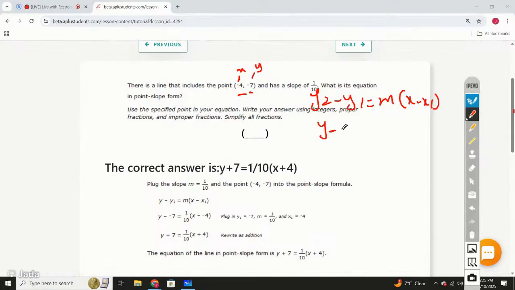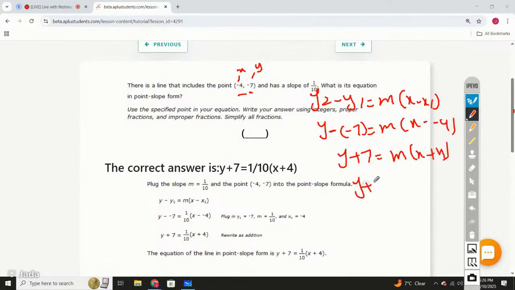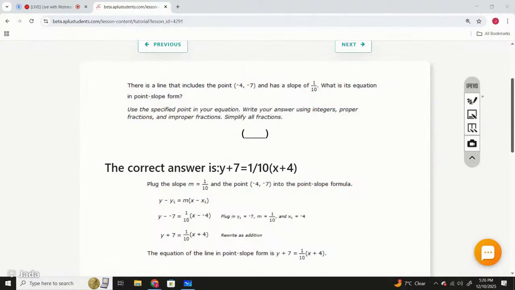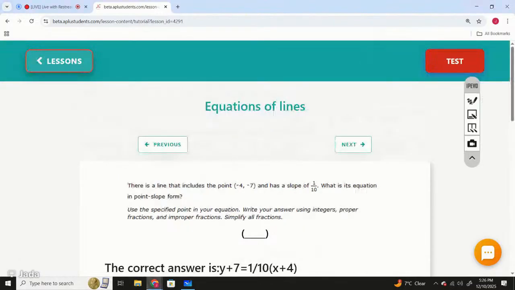So that is y minus (-7) equals m times (x minus (-4)). That is y plus 7 is equal to m times (x plus 4). So the correct option is y plus 7, and now we put the value of m, that is 1 over 10. So y plus 7 is equal to 1 by 10 times (x plus 4). Let's just start with the test questions.